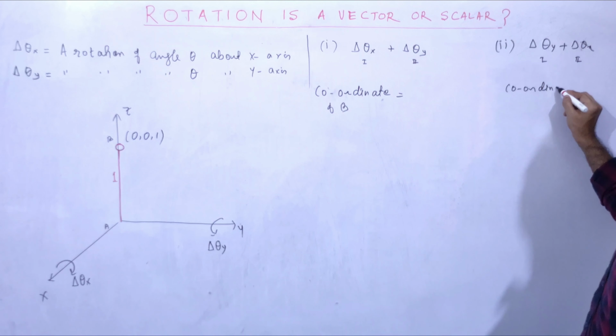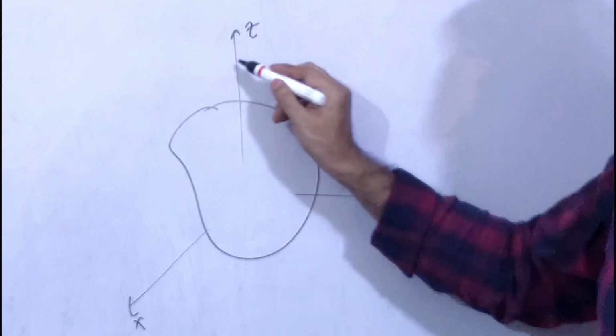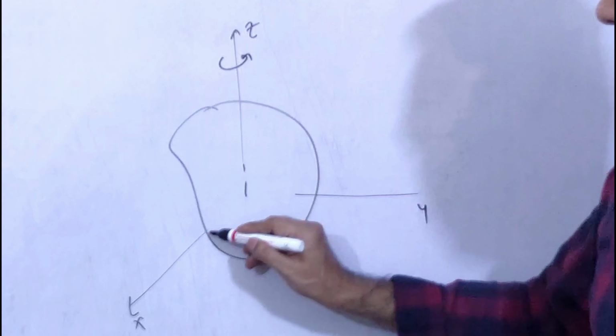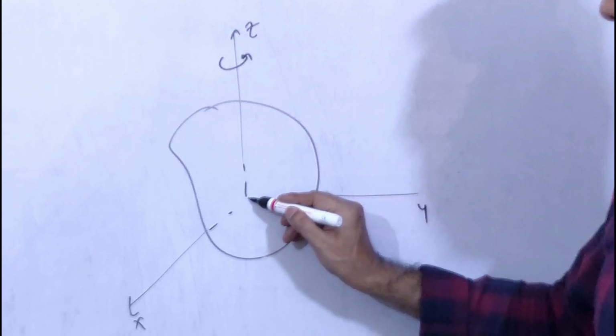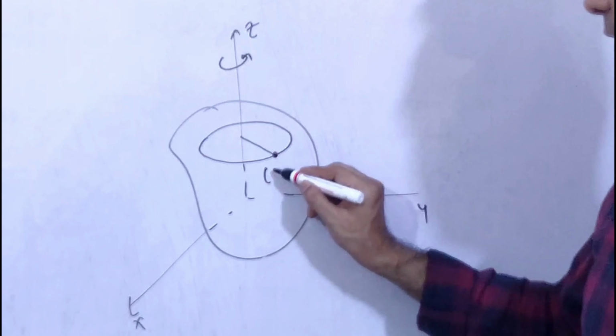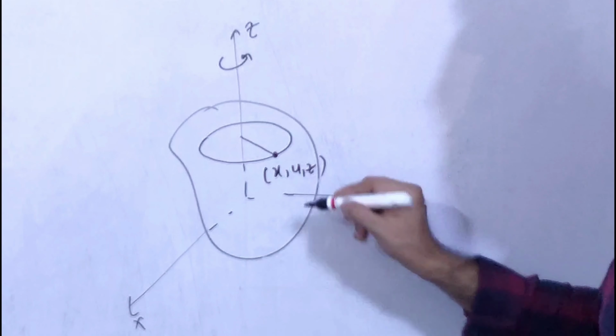So let's start. Before that, suppose this is a rigid body and these are the coordinate axes, x-axis, y-axis and z-axis, and this body is rotating about z-axis. Any point here is moving in a circle about z-axis. Suppose there is some point moving about the z-axis, and its coordinates at a certain moment are x, y, z.